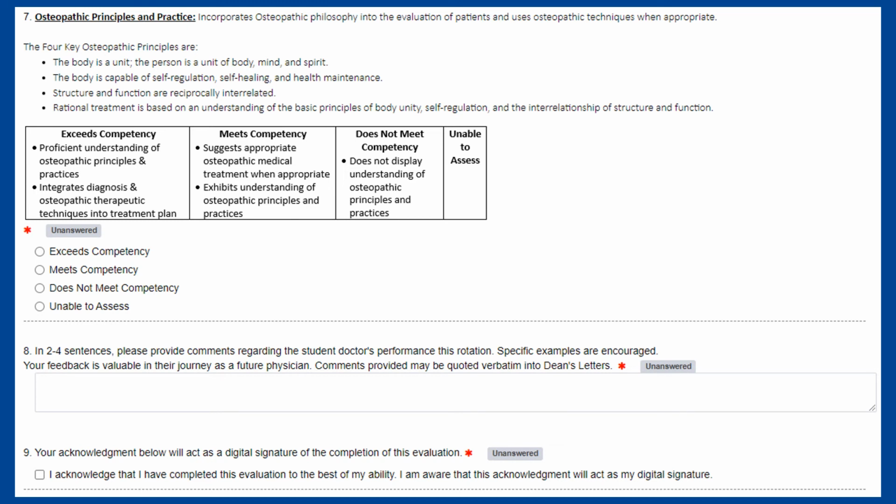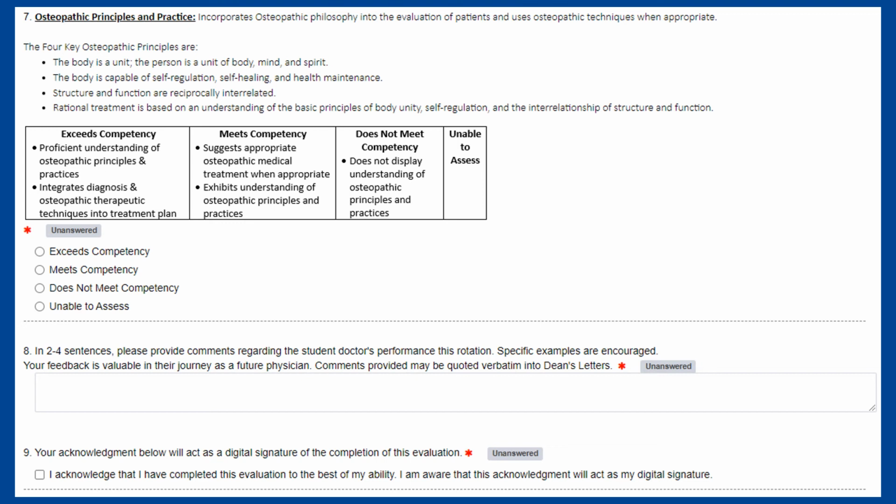The body is capable of self-regulation, self-healing, and health maintenance. Structure and function are reciprocally interrelated. Rational treatment is based on an understanding of the basic principles of body unity, self-regulation, and the interrelationship of structure and function.